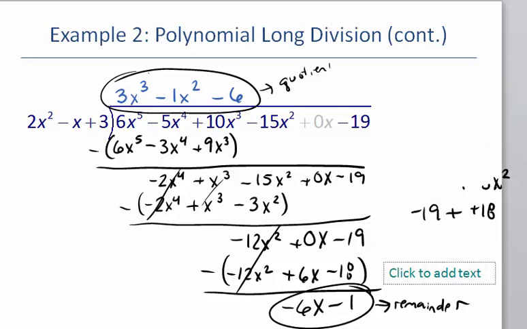Now, the other thing to note, in terms of writing our solution, is that sometimes we see the solution written all as one term instead of written separately as the quotient and the remainder.